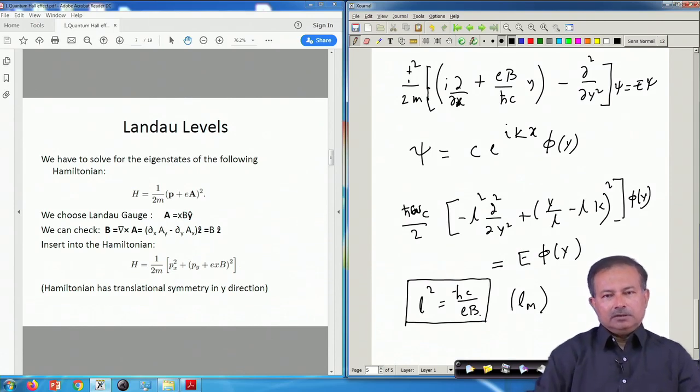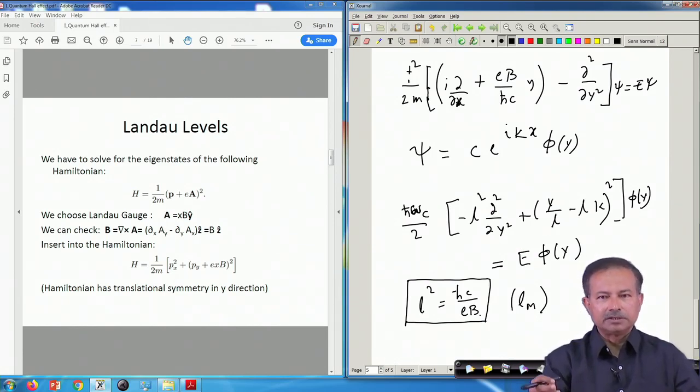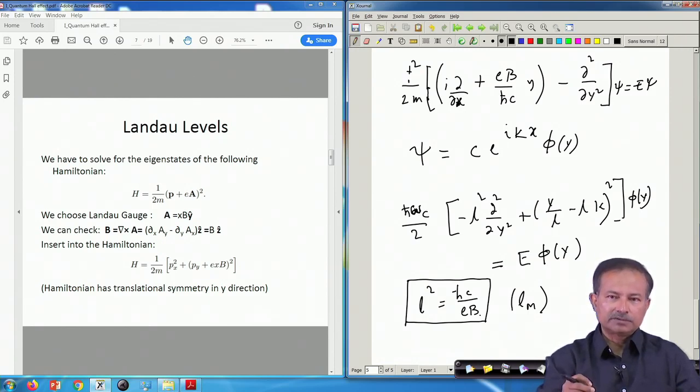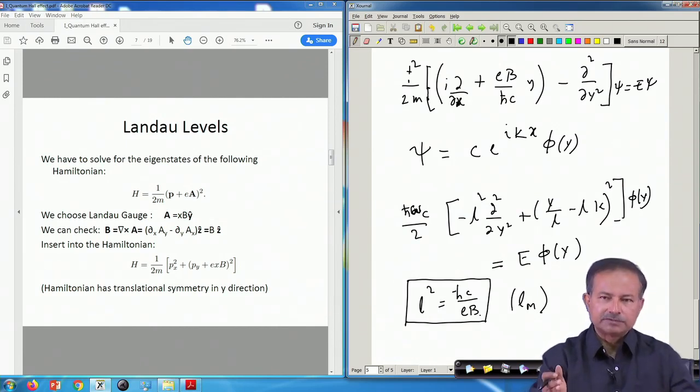It is interesting that from the algebra in a transverse magnetic field, a new length scale has now emerged in the problem, and that length scale is dictated by the strength of the field. The stronger the field, if you increase the field, the length scale decreases as a square root.